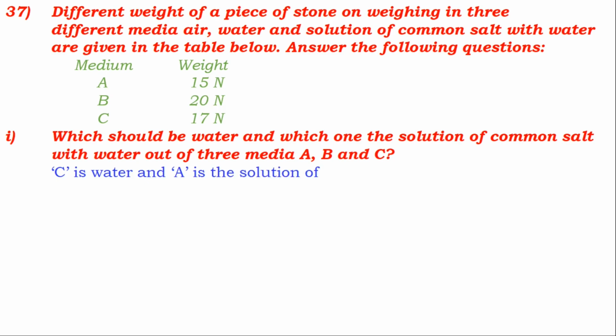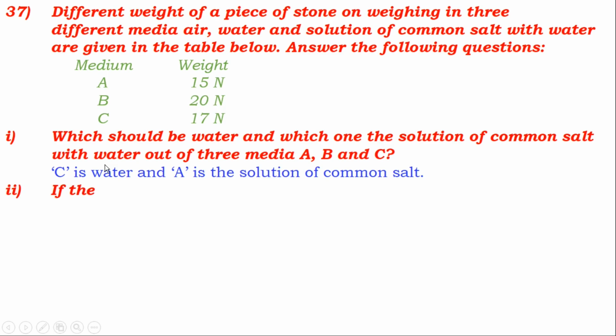C is water and A is solution of common salt. Solution of common salt exerts more upthrust. That's why the weight will decrease to a very low value. The weight is least in this solution of common salt, so it is 15 Newton. A is common salt, but C is what?